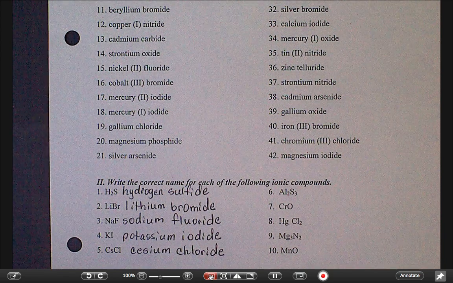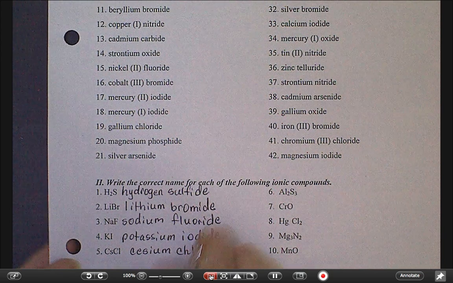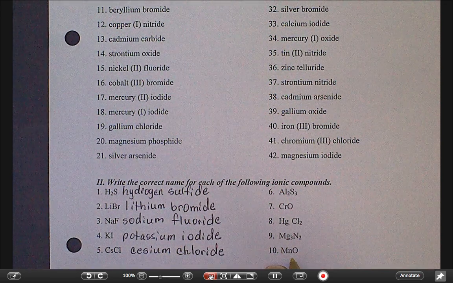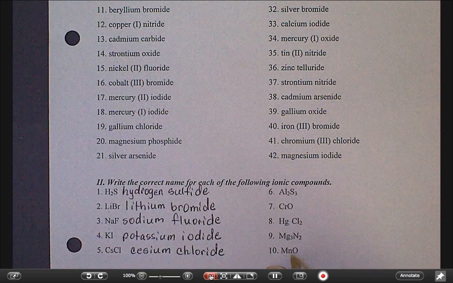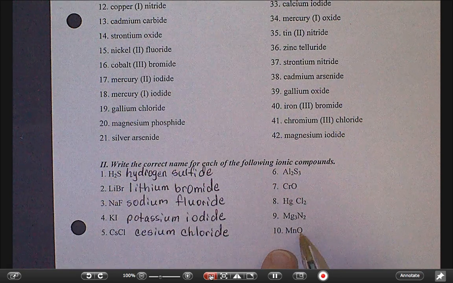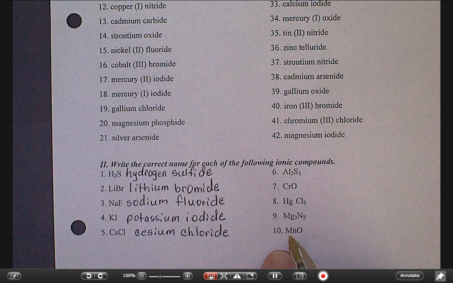I want to go find one that has, let's do number 10 over here. Oh, yeah. Manganese is a transition metal. Now, this you're going to have to be on your toes. I don't know manganese, but I know oxygen.